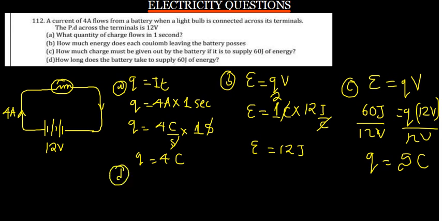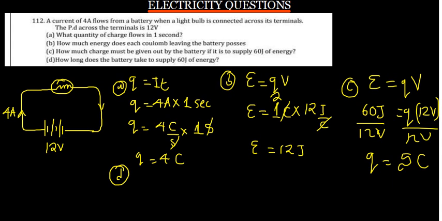And then part D: how long does the battery take to supply 60 joules of energy? If they ask how long, what are they trying to look for? What do they want us to find? Time. Okay.